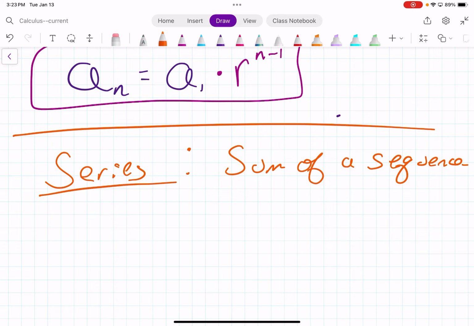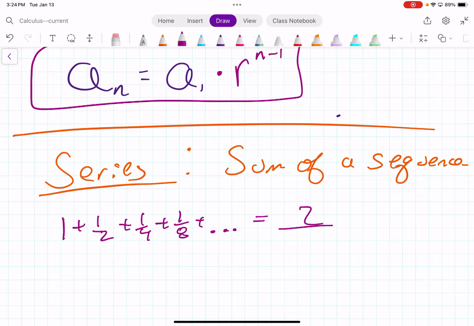Like we have already seen, this is a series. And a series can be infinite or finite as well, right? So this one was an infinite series, and we made an argument based upon the rectangles here that it has to be a sum of 2, right?